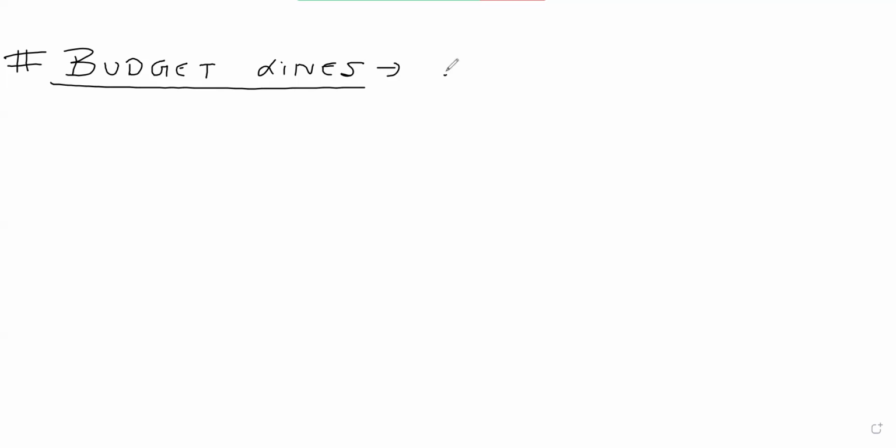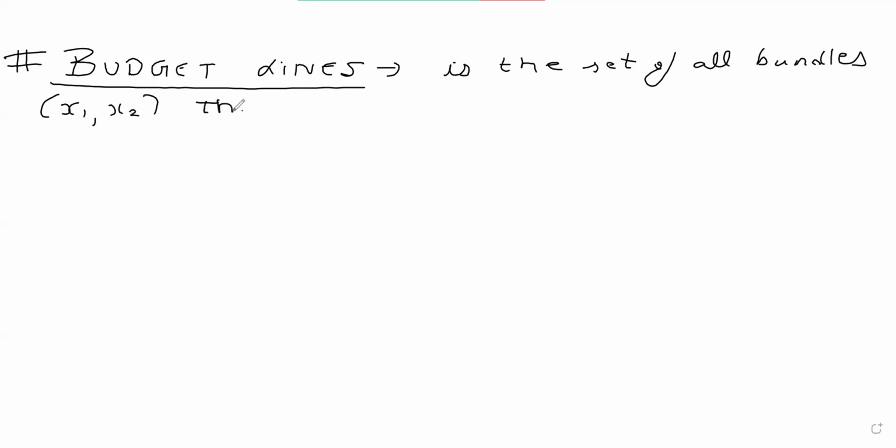Okay, so budget lines. Let's quickly understand what is a budget line. So budget line is the set of all bundles. It is the set of all bundles (x1, x2) that cost the consumer exactly his or her income.